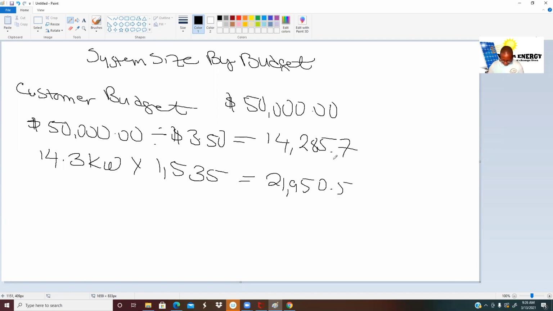Divide that by 1,000 to get kilowatts. Our kilowatts will be 21.9, so our system would be 22.